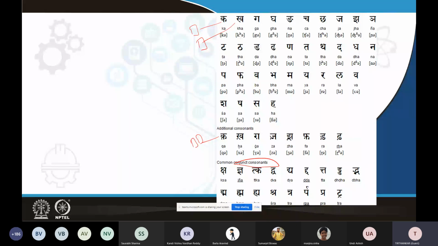But for these consonant conjunctions, typically the representation is a little bit different. For example, this particular consonant conjunction sha is actually written in terms of multiple characters. We typically write ka, then halant, and then sha to form the construction.